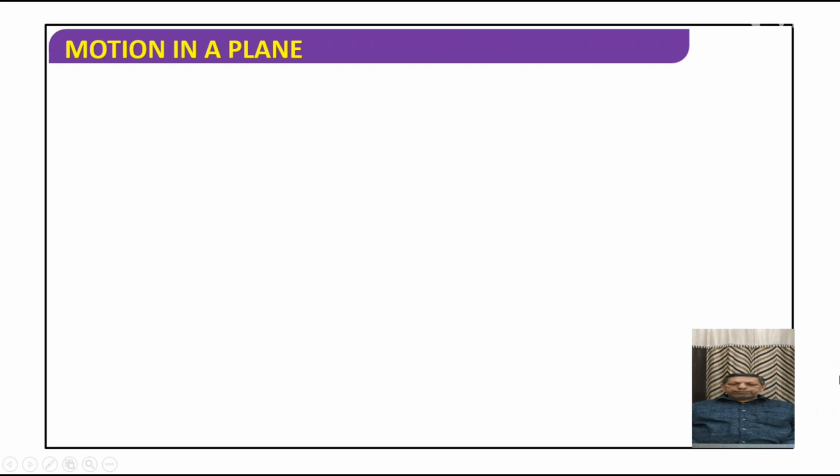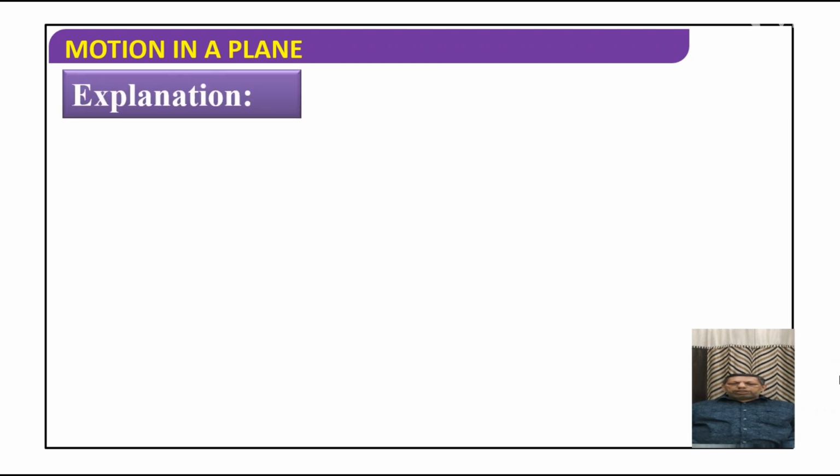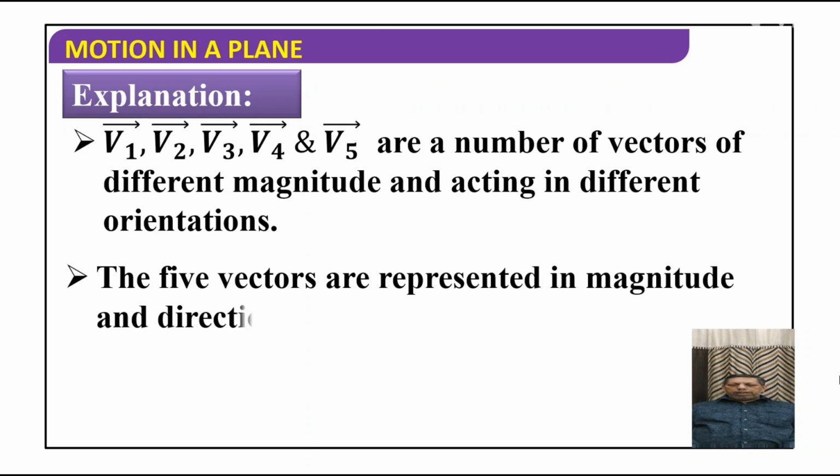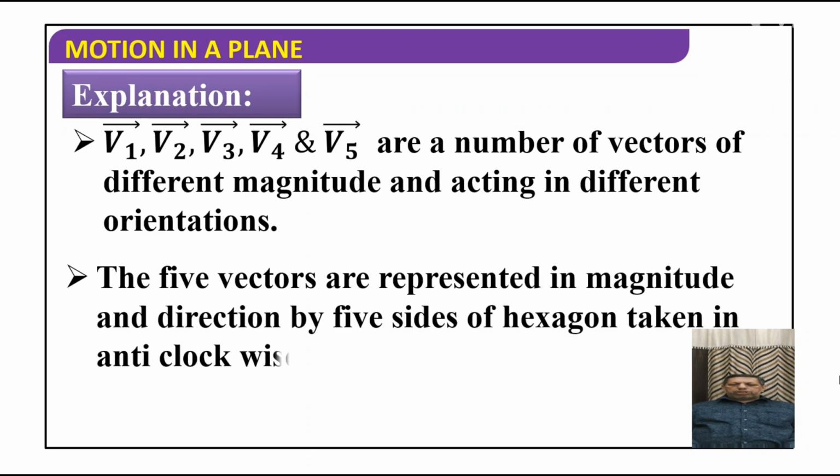Polygonal law: V1, V2, V3, V4 and V5 are a number of vectors of different magnitude acting in different orientation. The five vectors are represented in magnitude and direction by the five sides of a hexagon taken in anti-clockwise order.